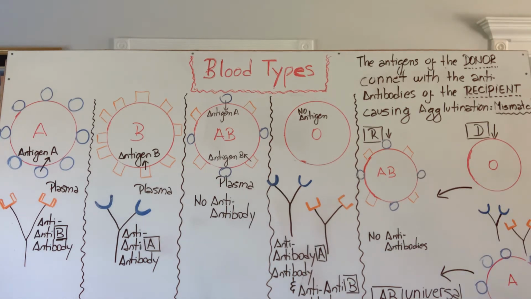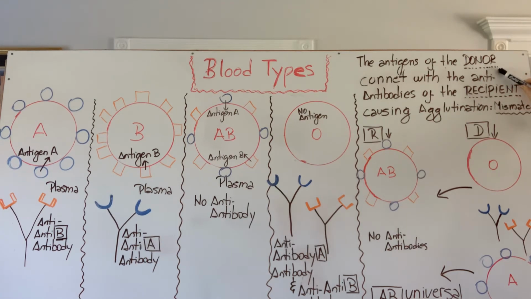Now, based on the previous statement, when I mentioned that the conjugation or the connection is made by the antigens, I want to have my brown marker. In this scenario, the donor doesn't have antigens and this recipient doesn't have antibodies. Now, pay attention to these statements.